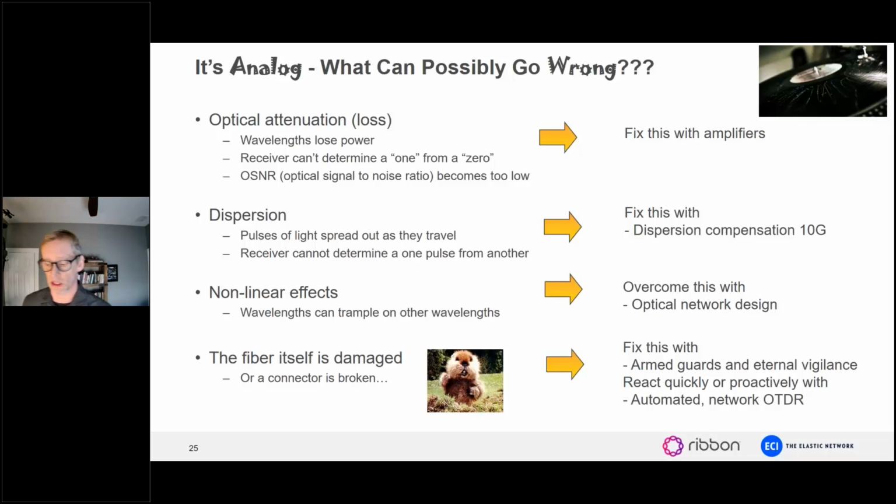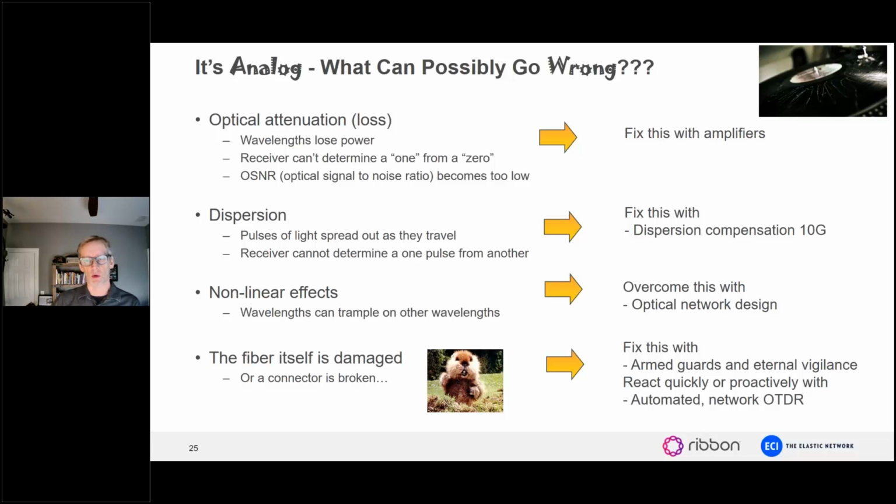A parameter known as the optical signal-to-noise ratio becomes too low for the receiver, and you'll get bit errors. Sorry about that. The way you fix that is with an optical amplifier. We'll talk about that.